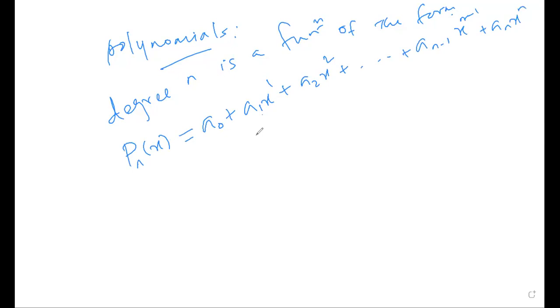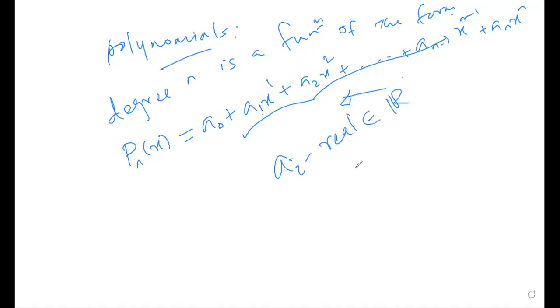If you have this kind of equation, we call it a polynomial of degree n, where each a is a real number. We call these the coefficients.